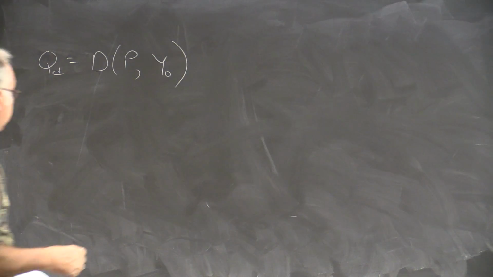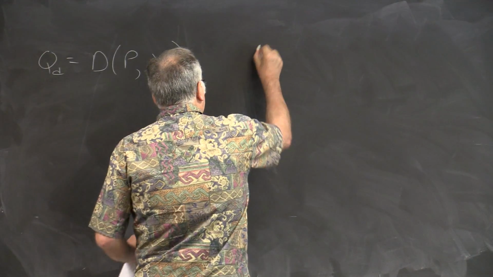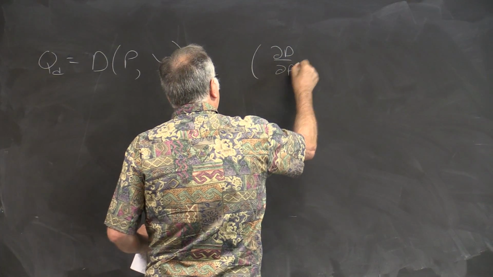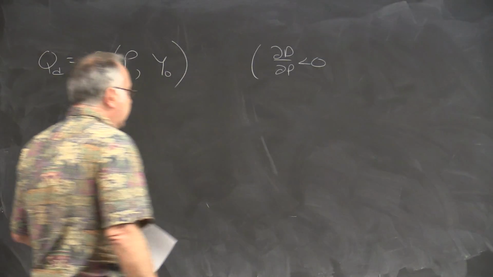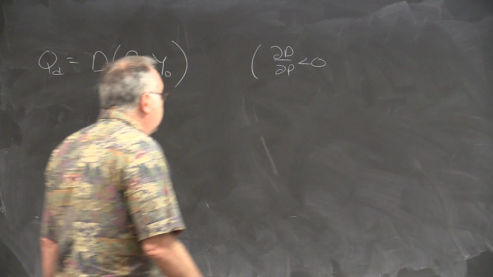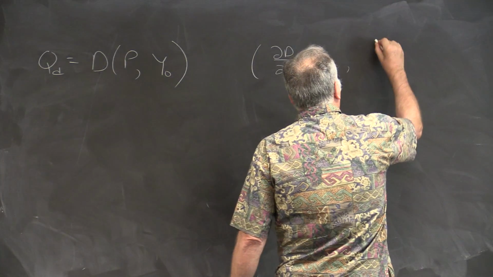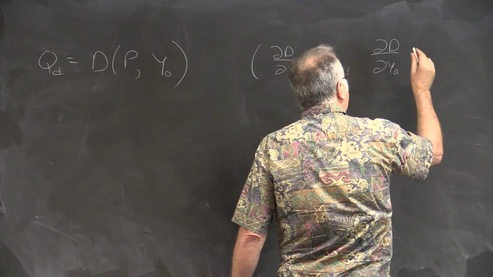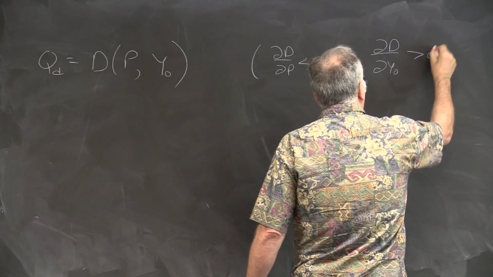And you are given that partial D partial P is negative. Basically, that's the law of demand. And you're also given that partial D partial y sub 0 is greater than 0.